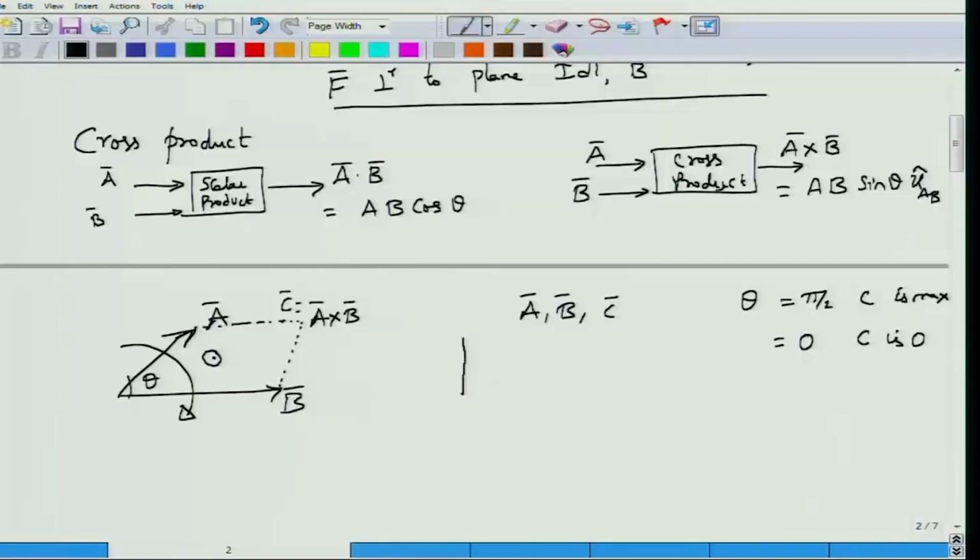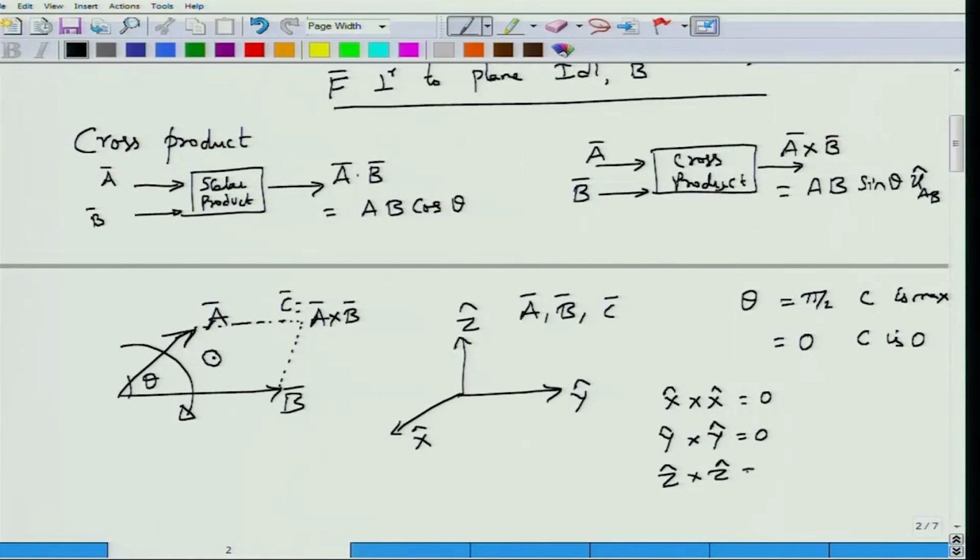If you go back to the Cartesian coordinate system, you have defined 3 unit vectors along the directions x, y and z. You can see that if you find the cross product of the unit vector x with itself, that would be equal to 0; the cross product of y with itself will be 0, and the cross product of z with itself is equal to 0.